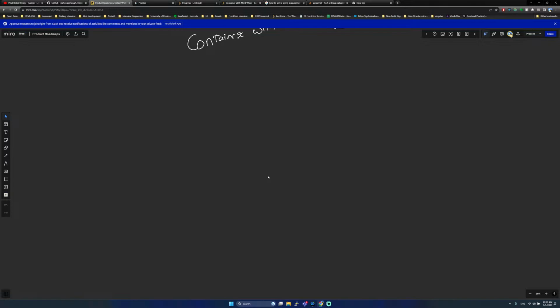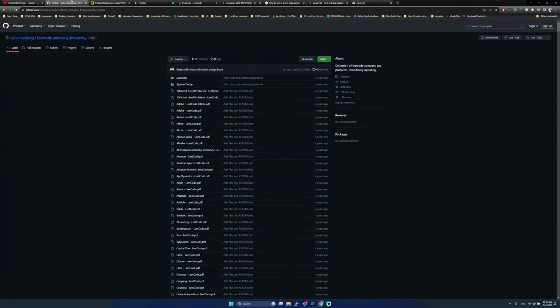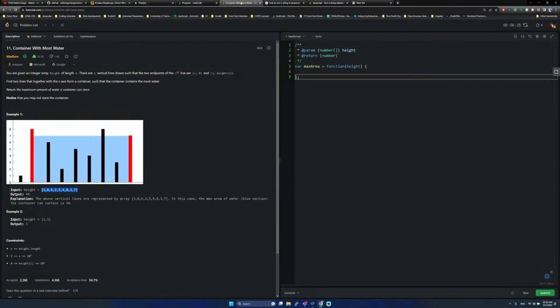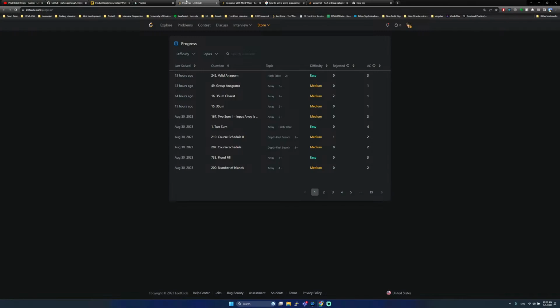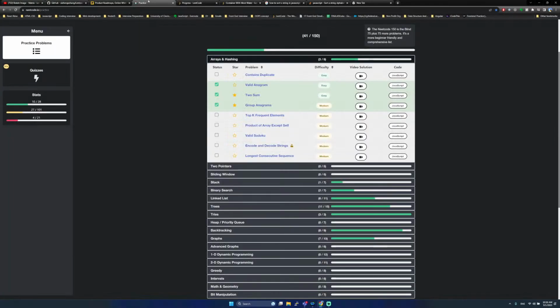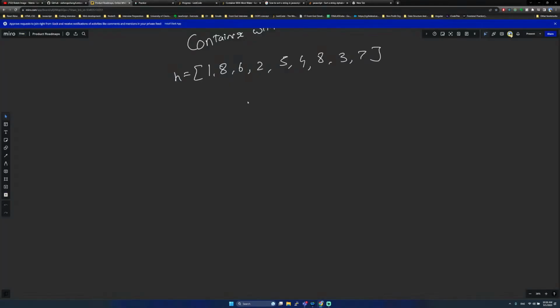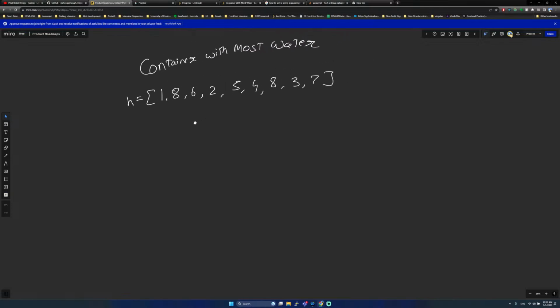With most water. So the height array that was given to us was 1 8 6 2 5 4 8 3 7. So we have this, right?